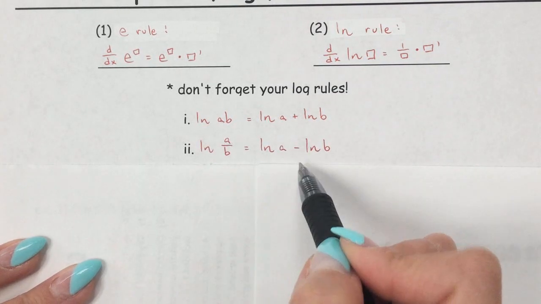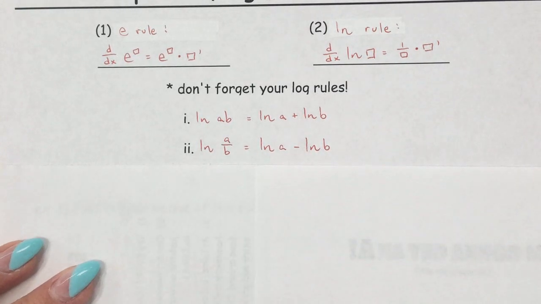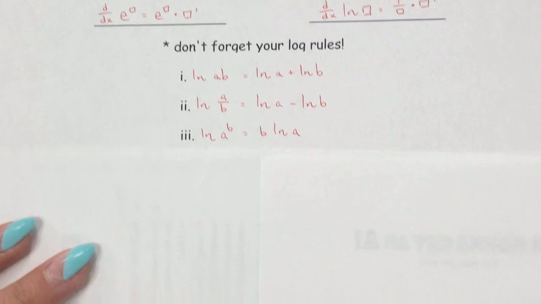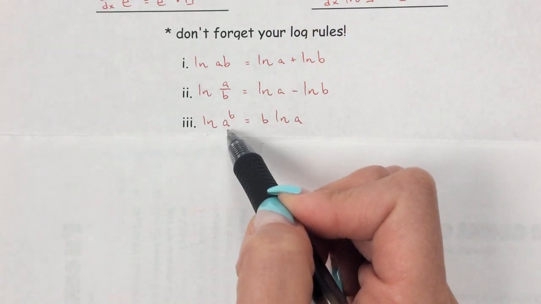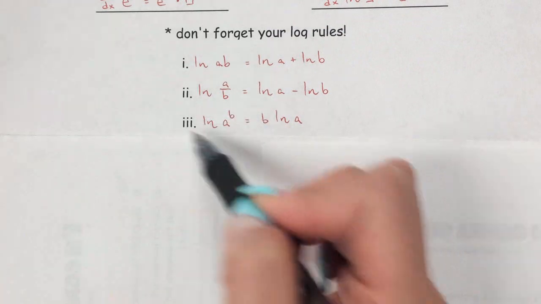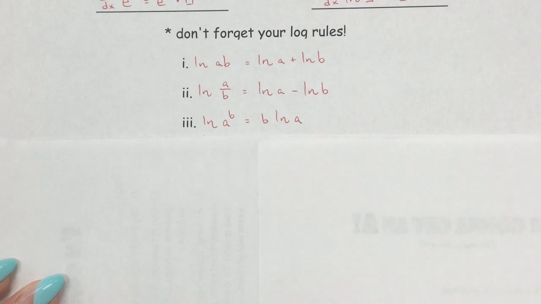When you expand or condense, if you go the other way, it becomes this. And then there's one more very popular log rule that we need to remember. It's the power rule. So ln of A to the power of B, the B comes forward. You guys know these already. It's been years, literally years.